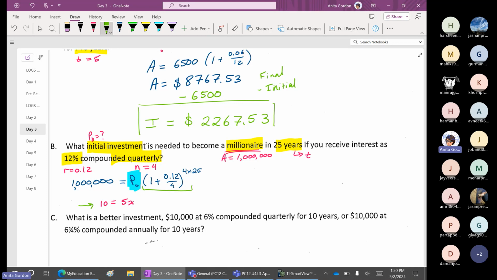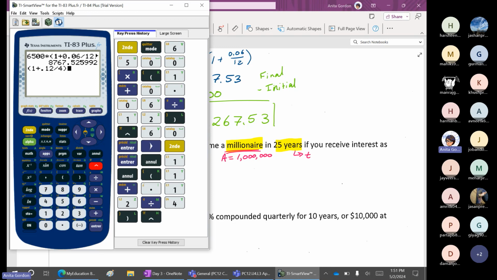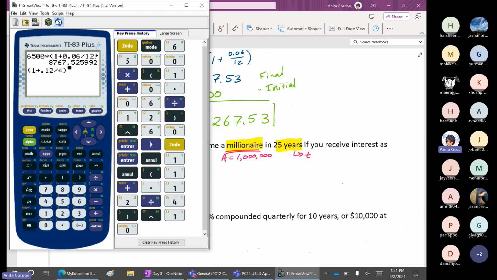So again, putting this into our calculator very carefully, we are going to have 1 plus 0.12 divided by 4 to the power of 100. I'm simplifying n times t, 4 times 25, to 100, and hitting enter.